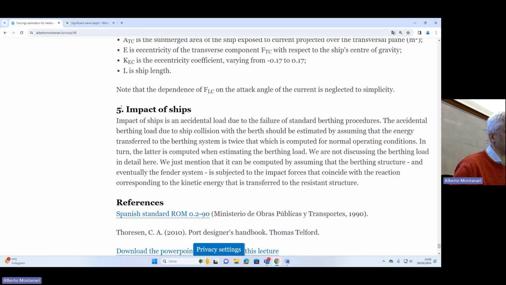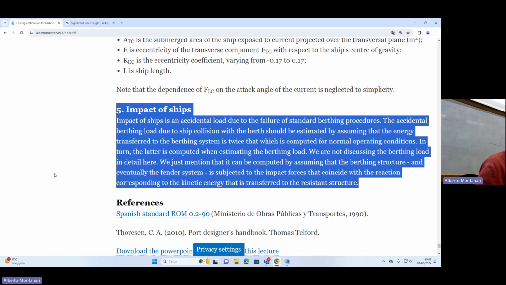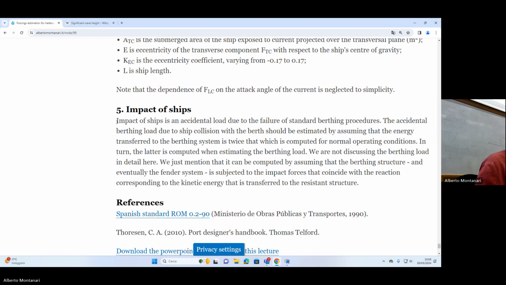Finally, there is a final section, impact. We don't discuss this in detail. Actually, it is a forcing that may be significant, may be important. It's due to the fact that the ship, while berthing, even without any accident, by definition impacts the berth. The computation of the forcing must be related to the kinetic energy with which the ship approaches the berth.